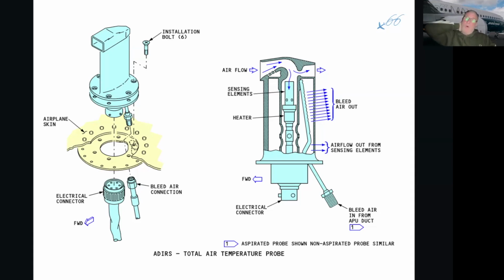So we know what the temperature is as our altitude increases, but we're taking the TAT information so that we can calculate the OAT as well.